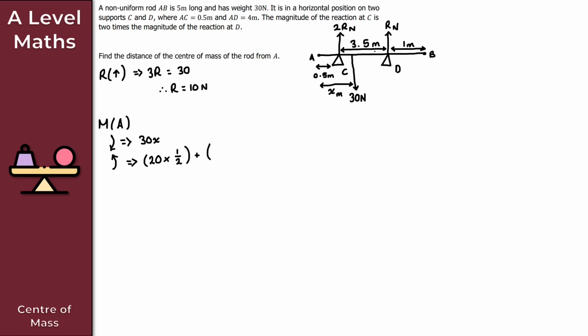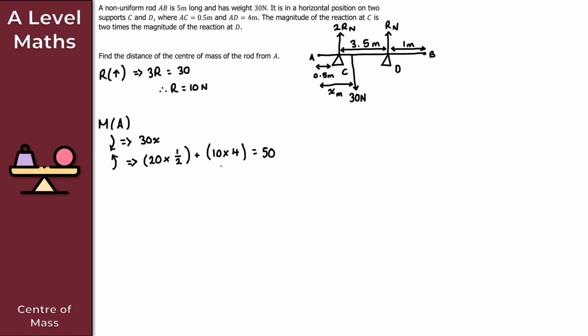Plus, doing the same for this force, the magnitude of the force is R, so that's 10 times the perpendicular distance, which would be 4, so 3.5 and another half, or just the distance AD. They're both the same thing, either's fine. We get 10 times 4, which gives us 40. If we simplify, I get 10 plus 40, which gives us 50.